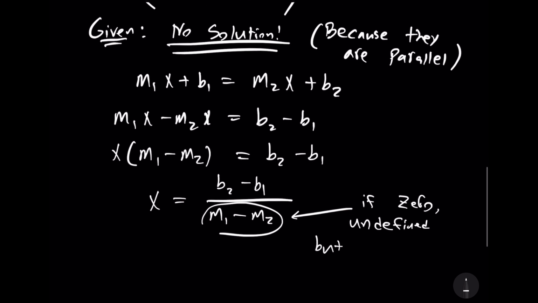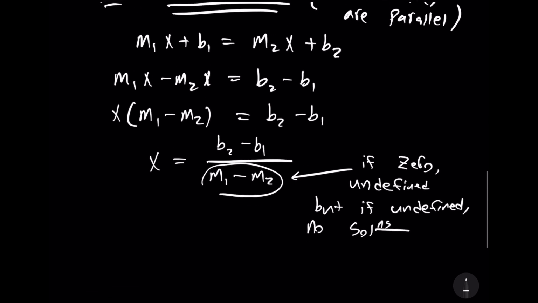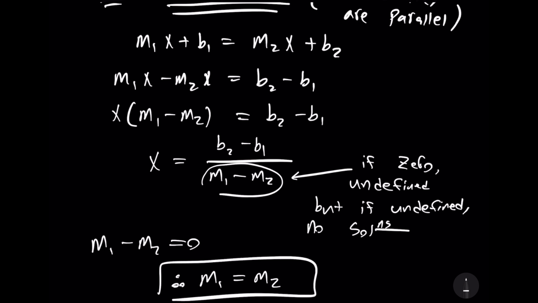But if undefined, no solutions. I'm just going to abbreviate that. So all we have to do here is just set that to 0. So m sub 1 minus m sub 2 equals 0. So therefore, m sub 1 equals m sub 2. Or in other words, they have the same slope.